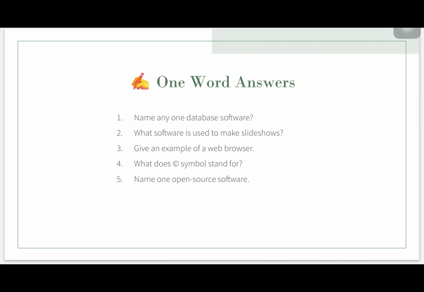Name one open source software. Again, GIMP. Right? Why am I always telling GIMP? Because GIMP is simpler to remember, and further on we will learn about GIMP in our further chapters. Correct? That's why I am taking the example of GIMP again and again.